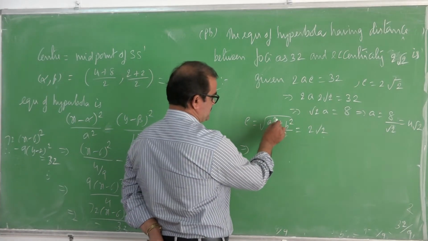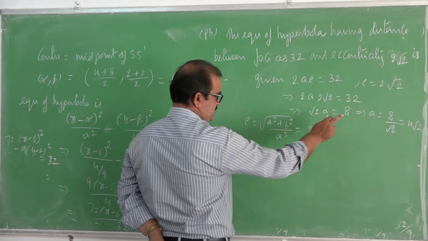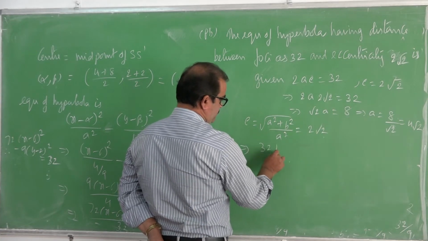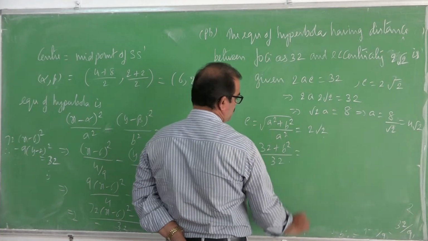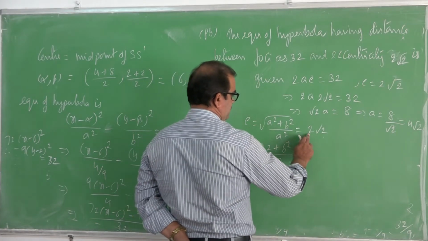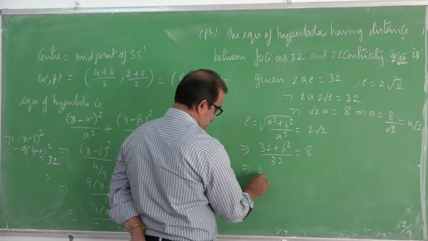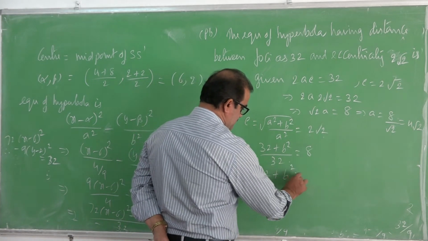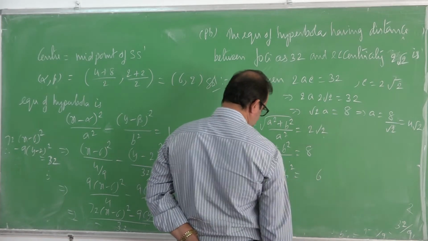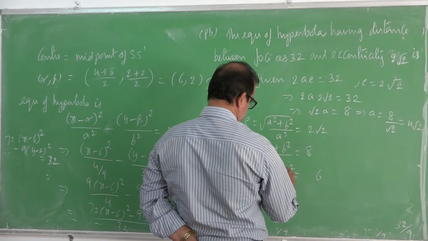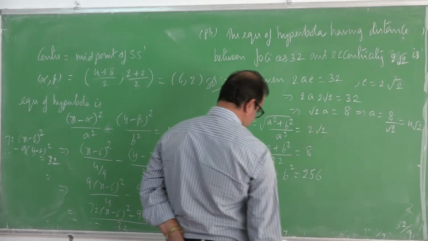Squaring on both sides. A square is 16 into 2, 32, plus B square by 32 is equal to what we get here, 4 into 2, 8. So 32 plus B square is equal to 32 into 8, which is 256.